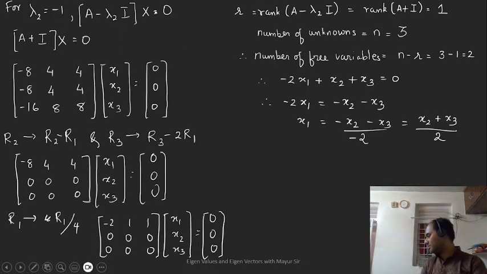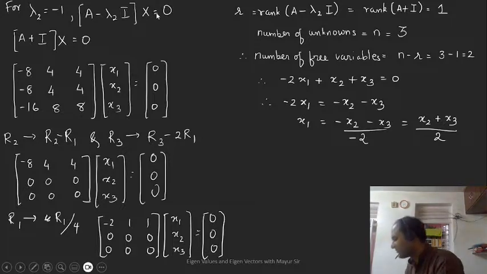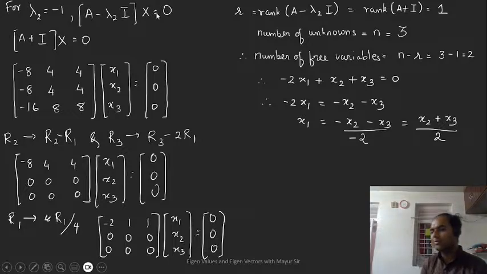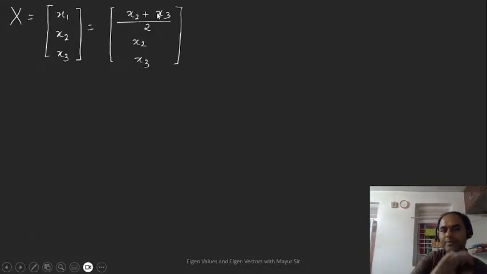Okay, minus 2, got it, thank you. So you got x2 plus x3 upon 2, and this is what you substitute in the general formula.